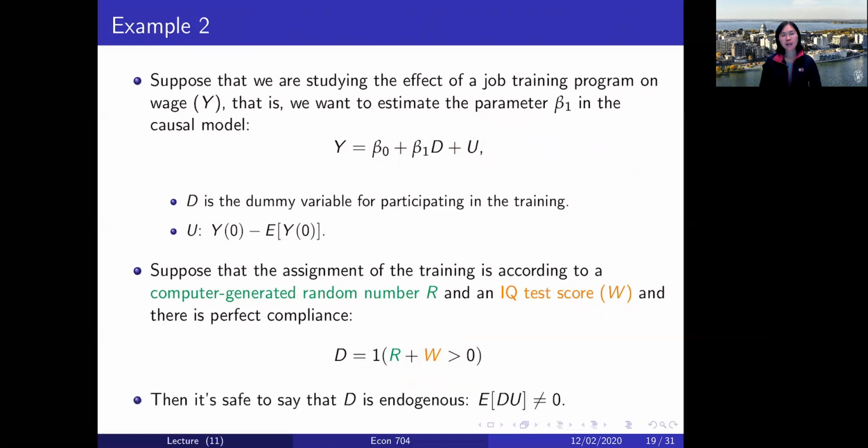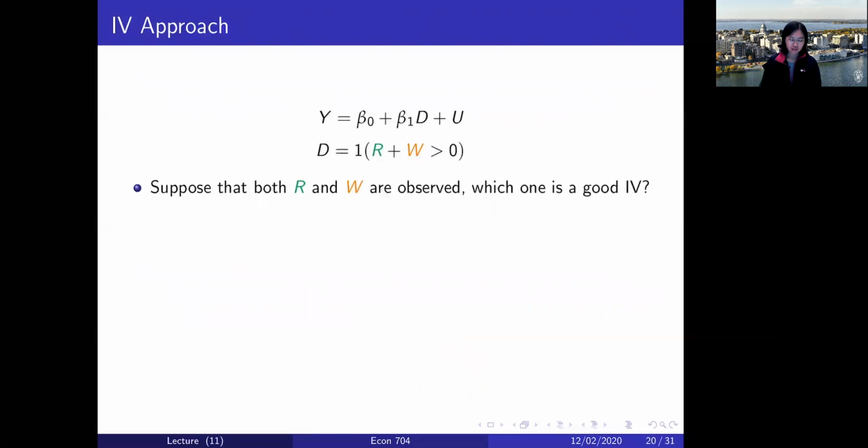So D is endogenous. Now suppose that both R and W are observed in a data set. Which variable is a good instrumental variable? So that's the question.